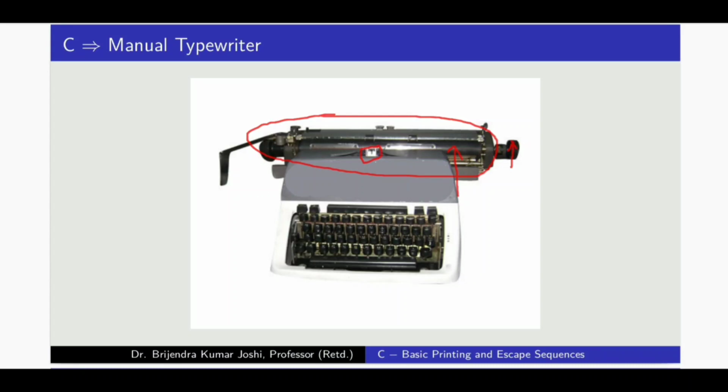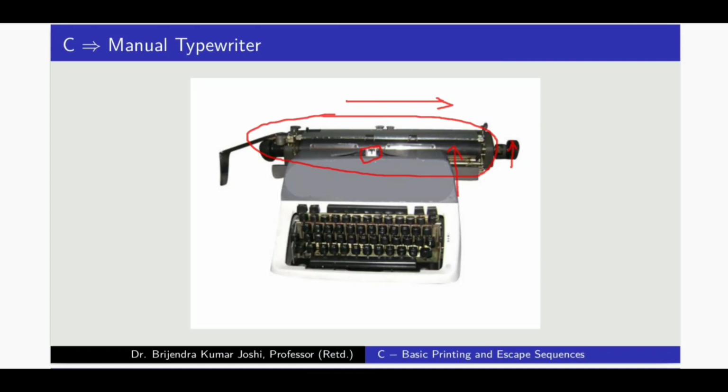The printing head remains static. By default, in the initial state, this carriage is at the extreme right, so the printing head gets aligned to the first column at the beginning of the page.